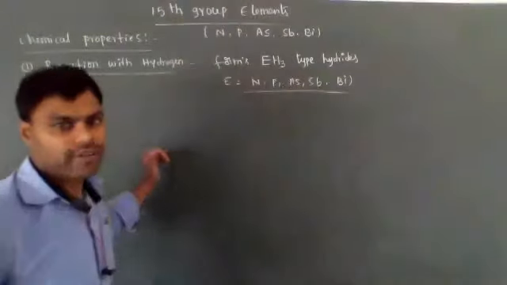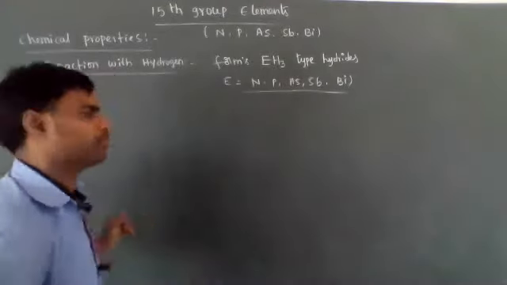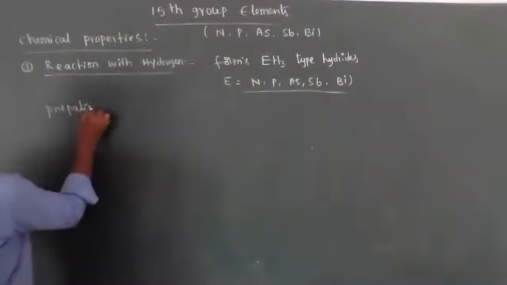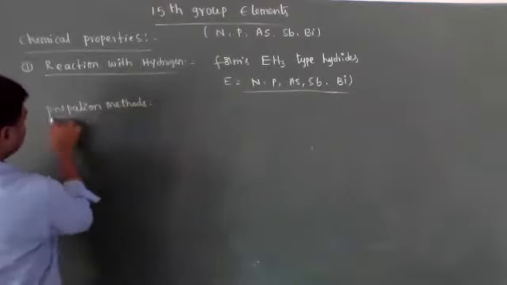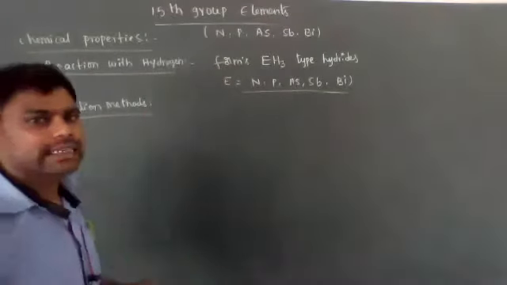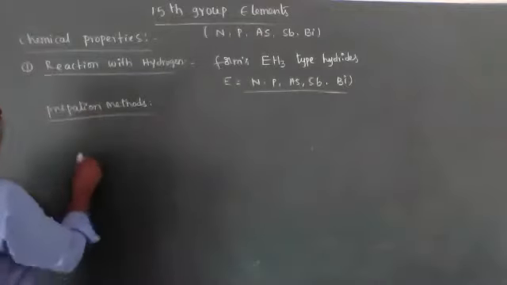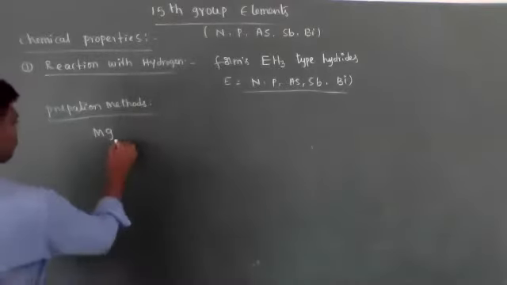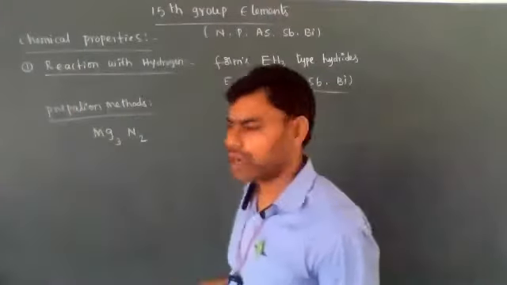See, how are we preparing these hydrides? These hydrides are prepared from the corresponding metal compounds. Preparation methods: corresponding metal compounds on hydrolysis in acidic medium give EH3 type hydrides. For example, if you want to prepare NH3, take magnesium nitride, Mg3N2.